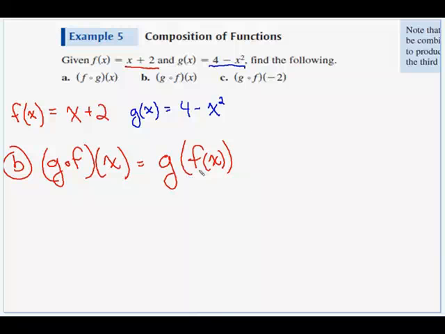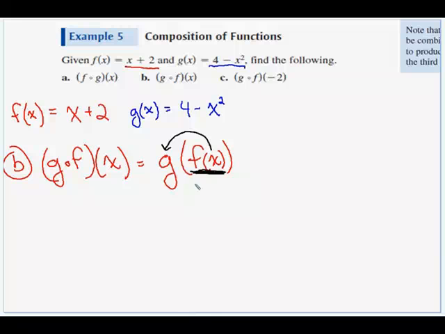Now, f of x is my inner function. My f of x function will be wrapped up like a Christmas package and plugged into my g function. So I'm going to take this f of x function, x plus 2, and plug it in for this x squared. So this was 4 minus something squared. Now that something, that x, is going to be replaced with this quantity, x plus 2.